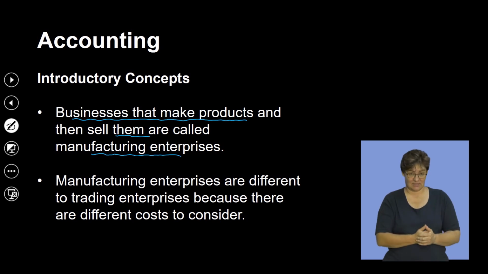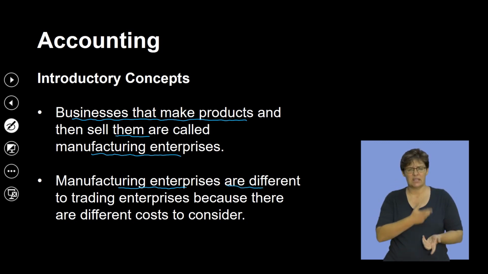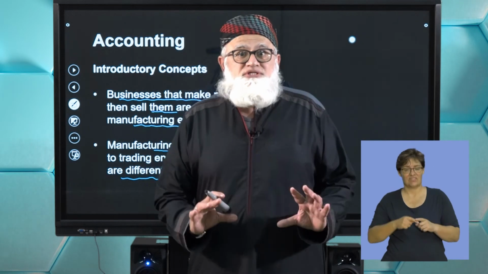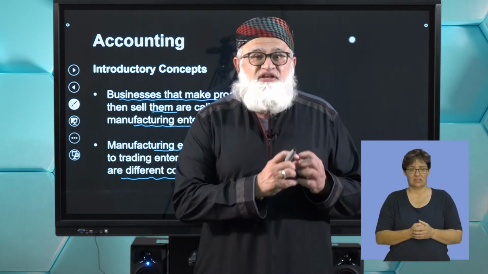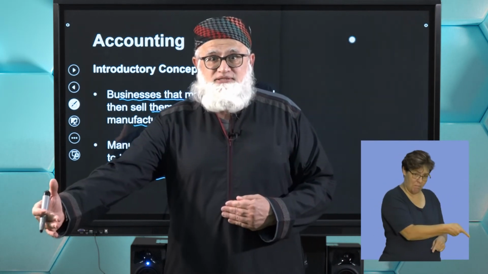Right, okay. And then we said that manufacturing enterprises are different. Why are they different? Because they have different costs to consider. Your trading concern buys a finished product, adds a markup to it, and sells the product.